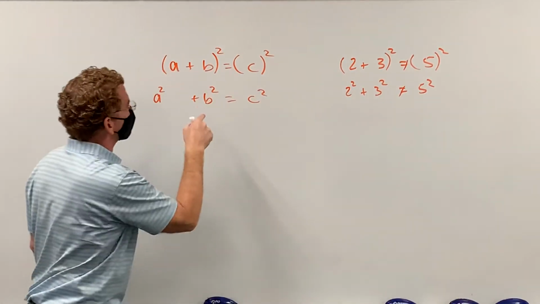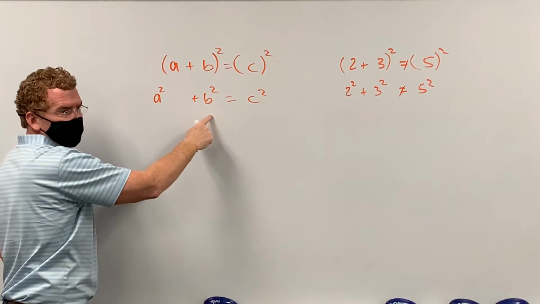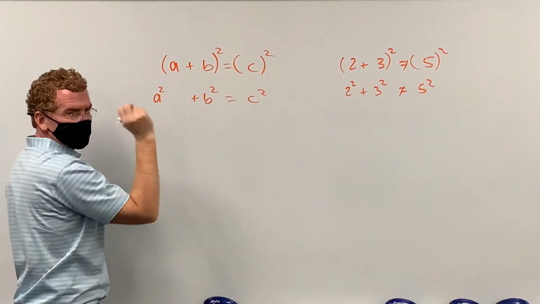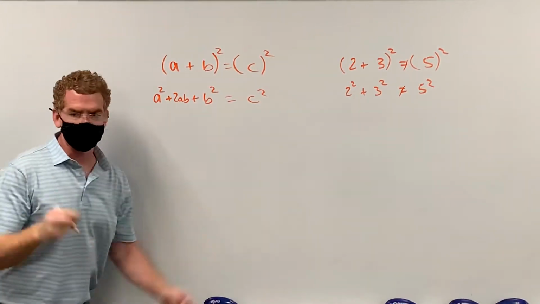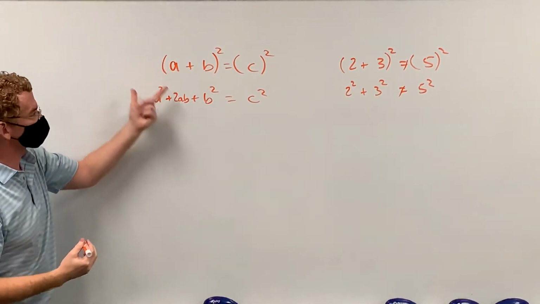What you actually need to be doing is what? Squaring the first, squaring the last. And how do you find the middle term of that? Multiply them and then double them. So plus 2ab. So remember that when we're working today, because that's what would have happened if I wrote it out twice and foiled it.